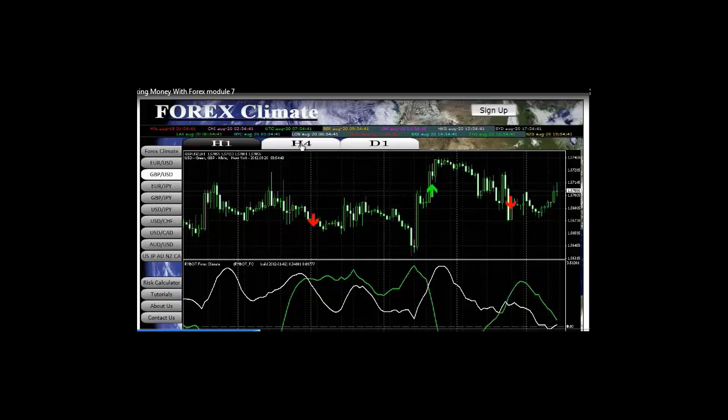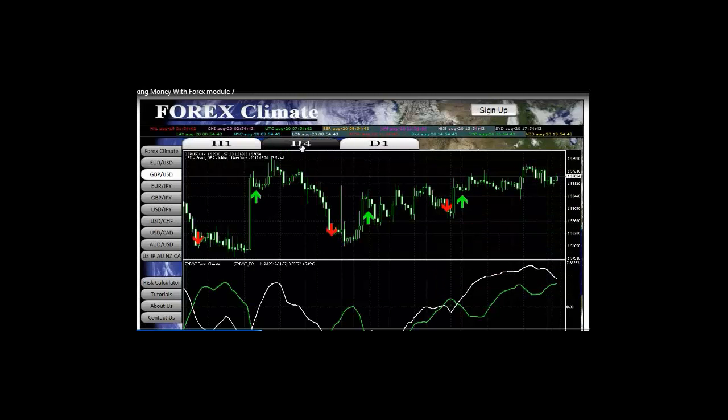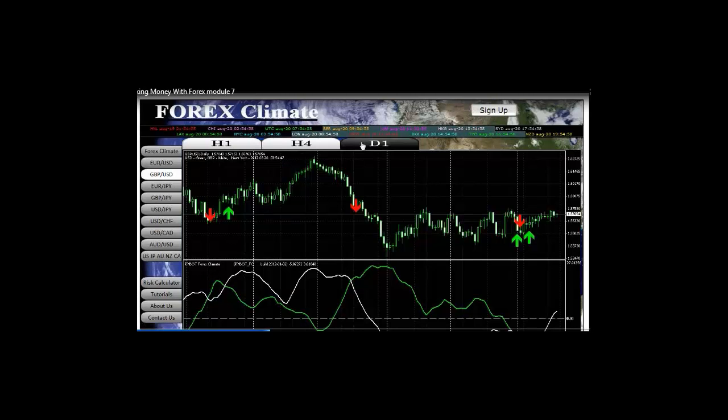So I look at the 4 hour forex climate chart. We can see that in fact that has an upward arrow, again from Friday, early on Friday. And it too may be looking for a crossover. So a little bit confused on that. Looking at the 1 day forex climate, we've had a lot of signals on Friday.